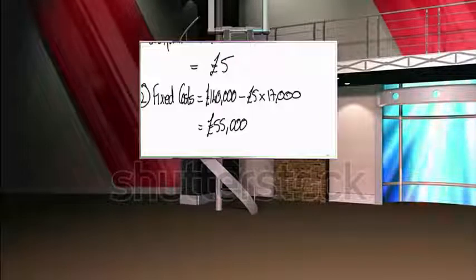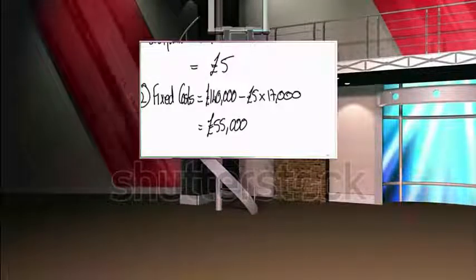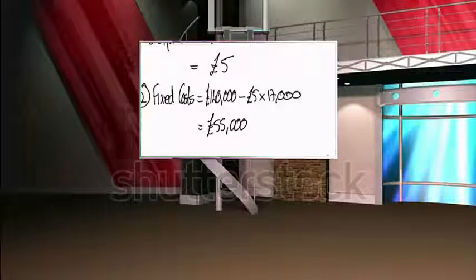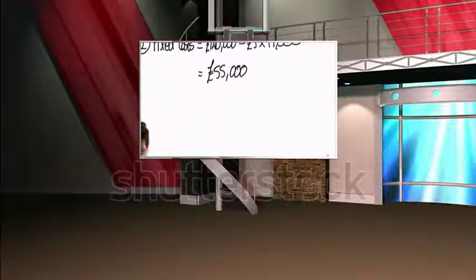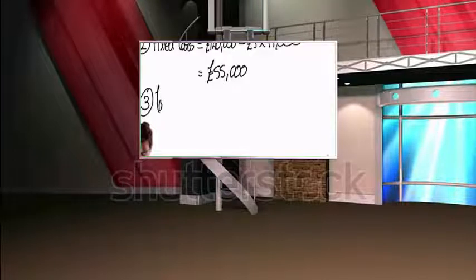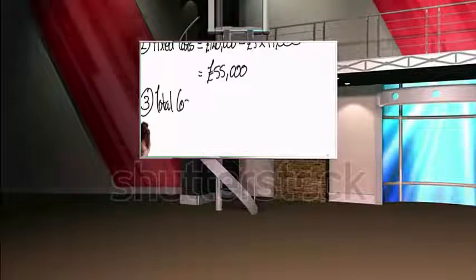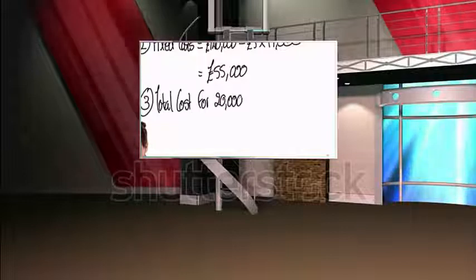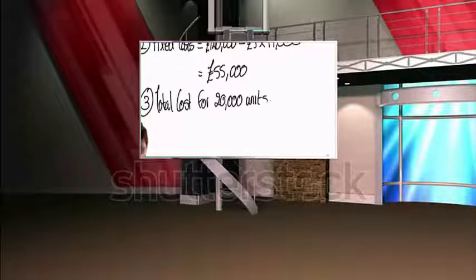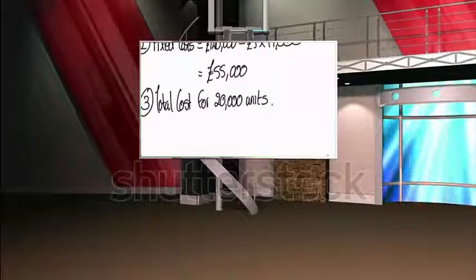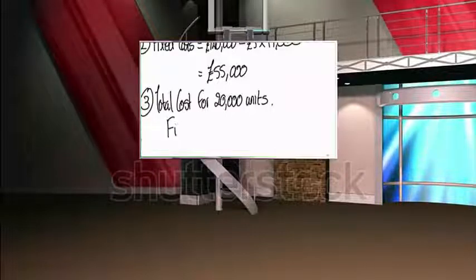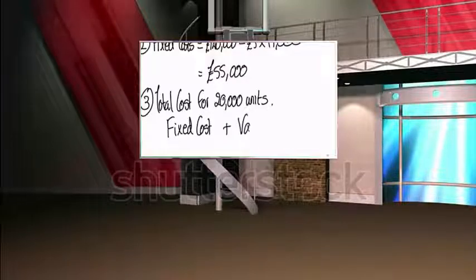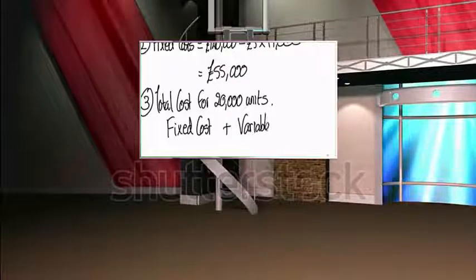Our final step then is, once we've calculated the variable cost per unit and the fixed costs, we can use this to estimate what total costs will be when we produce 20,000 units. Remember, our total cost will be our fixed costs plus our variable cost.